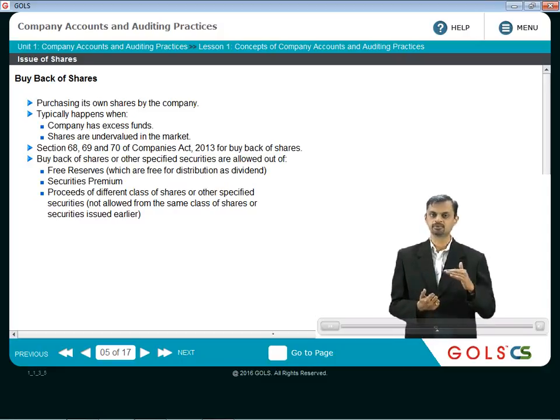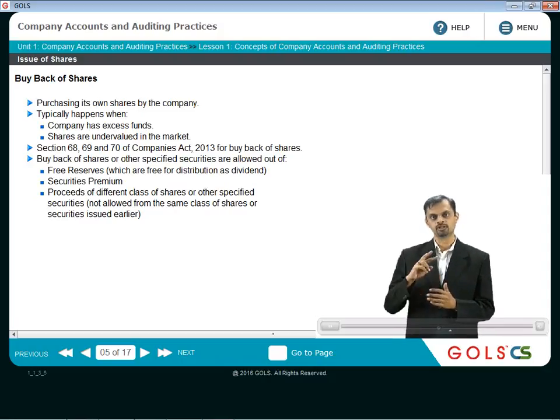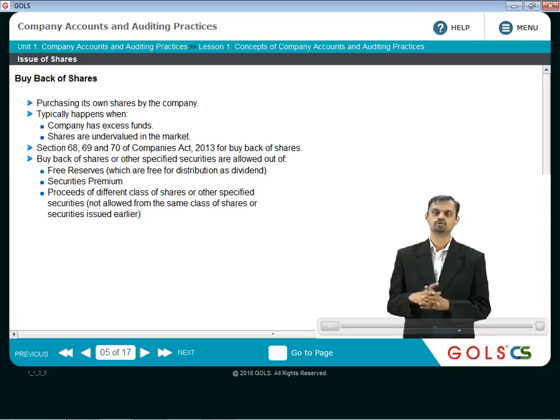Earnings per share is nothing but profit available to the shareholders divided by the number of shares. So if the denominator is going down, obviously the earnings per share ratio will go up. If the earnings per share goes up, it will have a favorable impact on the share price in the stock exchange, so the share price is expected to go up. In that case, the undervaluation of shares will be rectified.